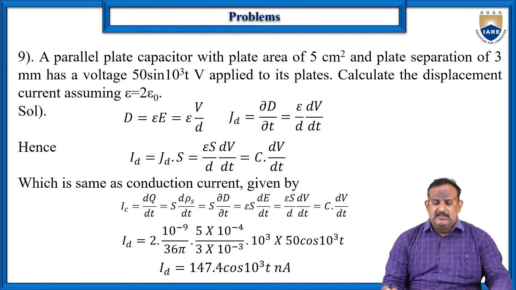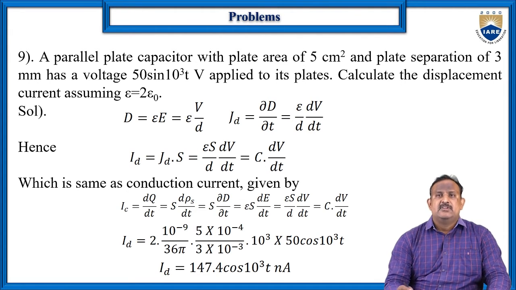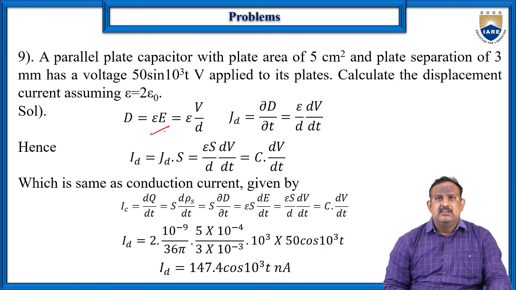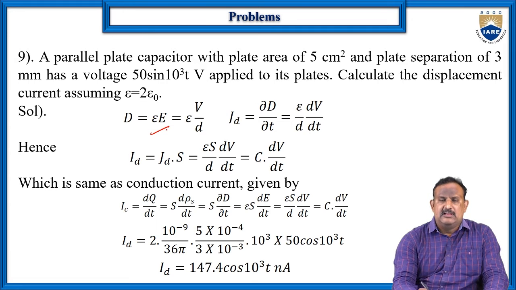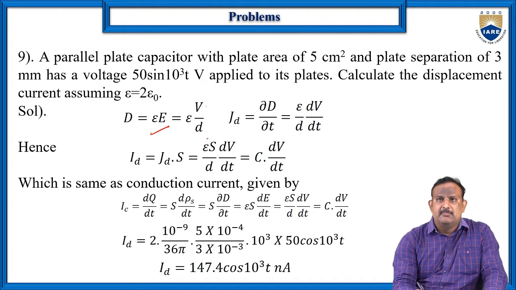So here we know that D is the electric flux density. D is equal to epsilon E, where E is the electric field intensity. We know that electric field intensity E is equal to V by d. Therefore, the electric flux density D is equal to epsilon into V by d.